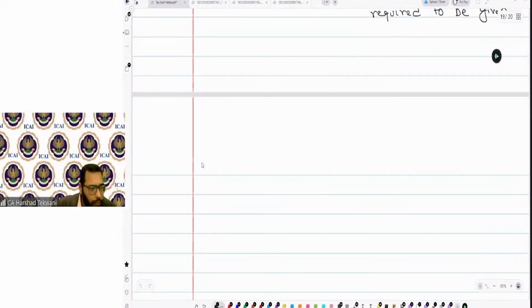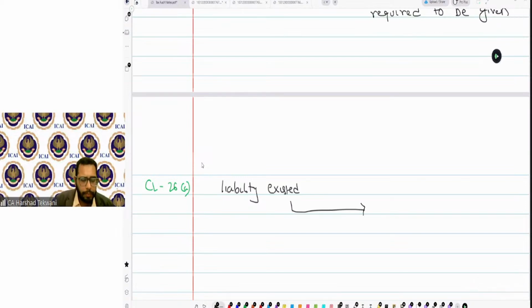So clause 26A, we are required to report basically the liability that existed. Now out of this liability there could be two portions. One paid during the year, and this is the opening balance.